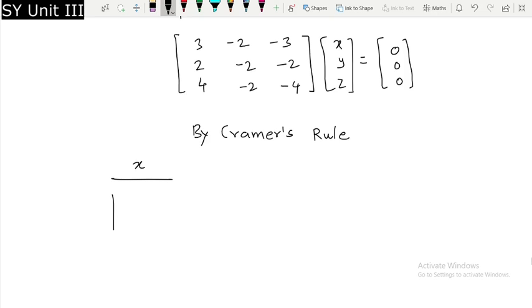x upon the determinant of, so you leave this. I'm using Cramer's rule for the first and second rows.